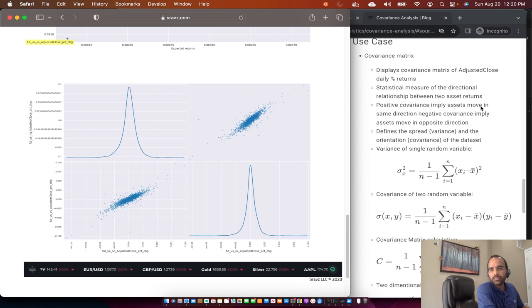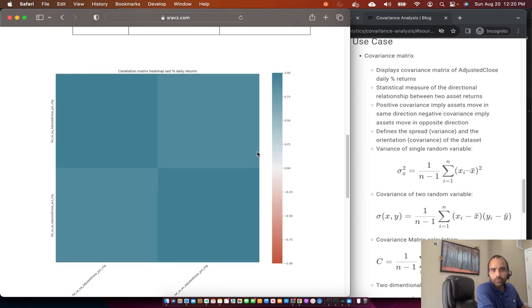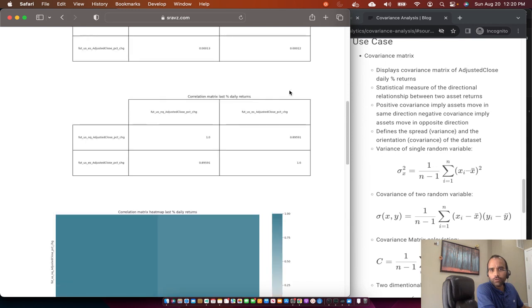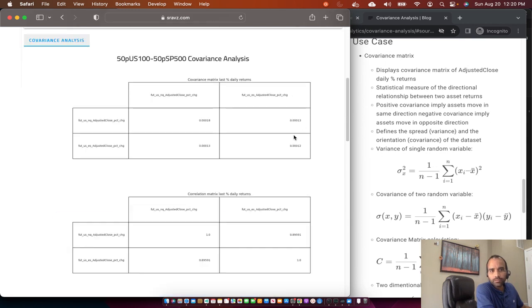Positive covariance implies assets move in the same direction. Negative covariance implies assets move in opposite direction. So in our case, we have positive covariance here of, for example, S&P 500 and NASDAQ 100.